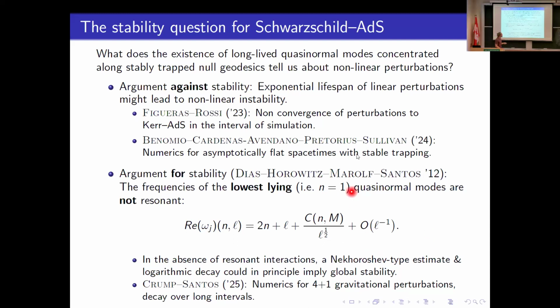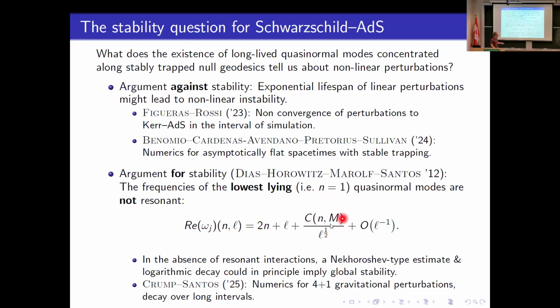They studied only the lowest lying quasi-normal modes, so these are the quasi-normal modes with the lowest overtone, the ones lying closest to the boundary. And they saw that the real parts of those are really non-resonant. The first part here is the value of the frequency on pure AdS.